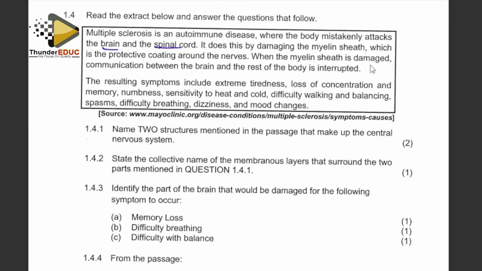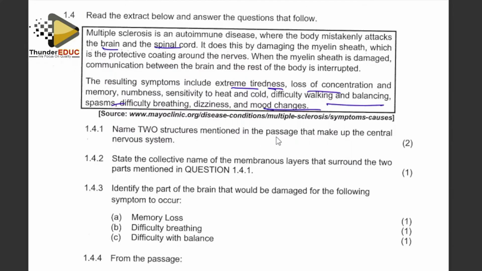When the myelin sheath is damaged, the communication between the brain and the rest of the body is interrupted. The resulting symptoms include extreme tiredness, loss of concentration, memory loss, numbness, difficulty in walking, and balance. All these are some of the signs.